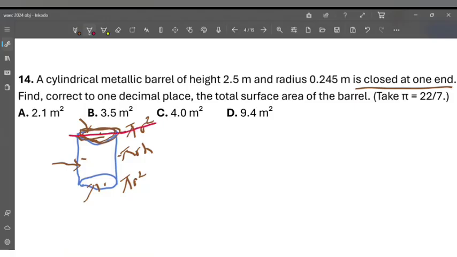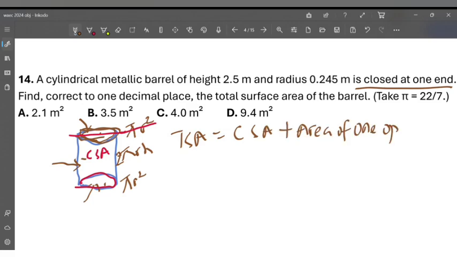We are only going to calculate the surface area of this curved surface, and then also find the area of the bottom that is open. Mind you, the curved surface area is 2 pi r h, not pi r h. So to find the total surface area of the barrel, it will be the curved surface area plus the area of the one open end.